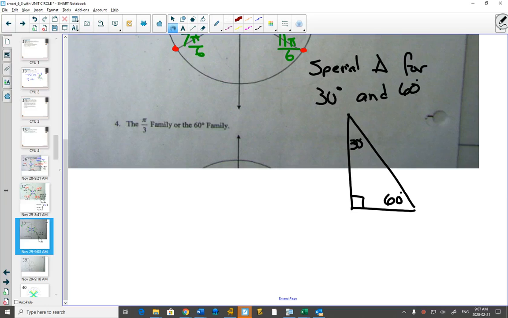Now, this special triangle, 30 and 60 degrees, it's not isosceles because the angles are different. It's a right angle triangle, but we needed a right angle triangle for SOHCAHTOA. What do you call a triangle where all the sides are different and all the angles are different? It's called a scalene.